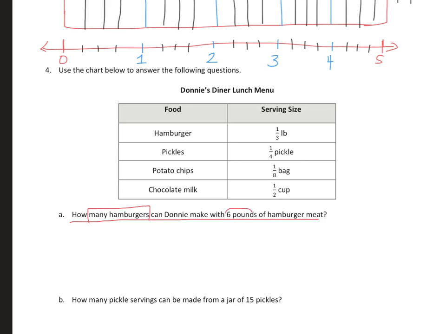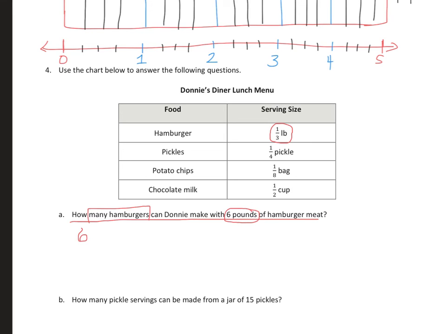We know that he has 6 pounds of hamburger meat that he can make hamburgers out of. And we do know from the table that each hamburger consists of 1/3 of a pound. So he's got 6 total pounds. Each hamburger is 1/3 of a pound. We want to know how many hamburgers he can make. So there is our division.